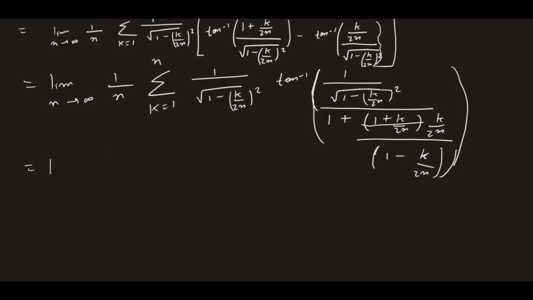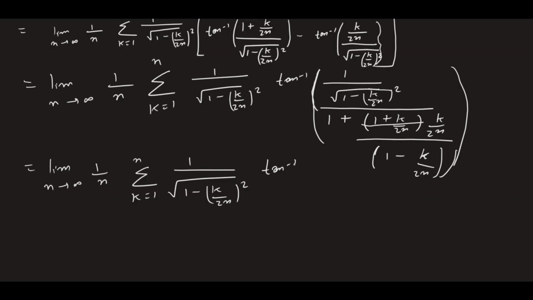So this will be the limit as n goes to infinity of 1 by n summation k varies from 1 to n of 1 by root of (1 minus k by 2n) whole square tan inverse of root of (1 minus k by 2n) upon (1 plus k by 2n), and the denominator will be 1 only.